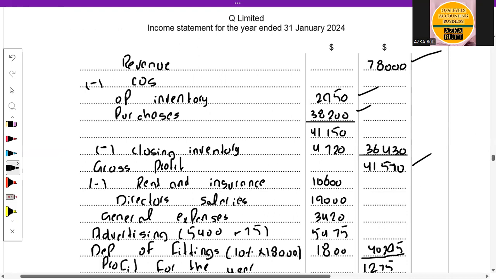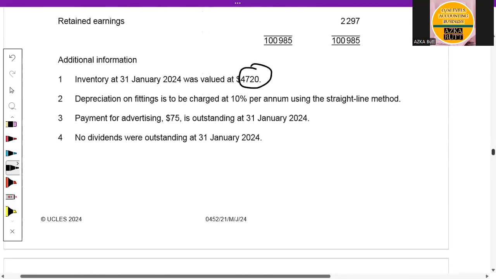Okay, so first of all, we have rent and insurance. First of all, I think you should see the notes. So this is the closing inventory. We already know about it. The second adjustment, depreciation on fittings is to be charged 10% per annum in the straight line method.